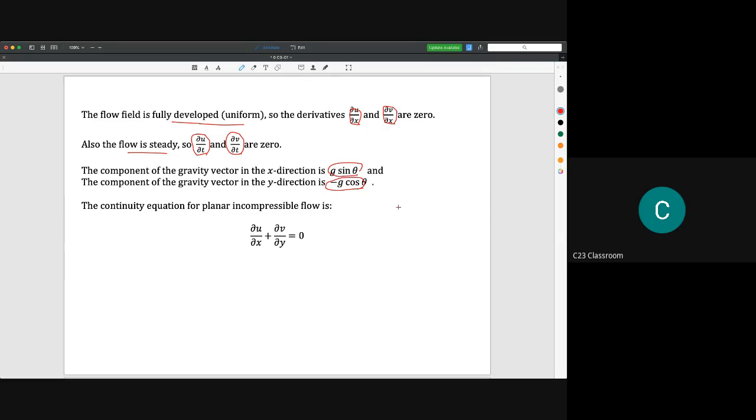Here, because we have x and y, normally upward is the positive y, but gravity pulls downward like this, so they give you a negative sign.